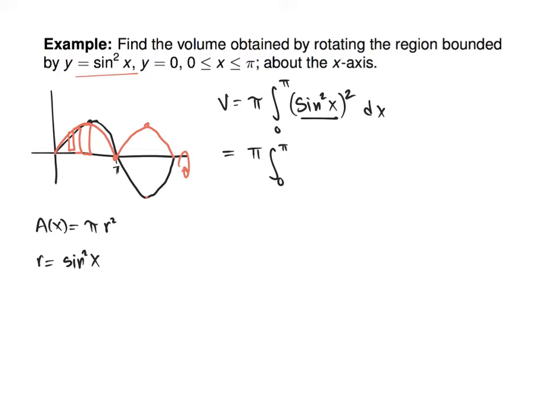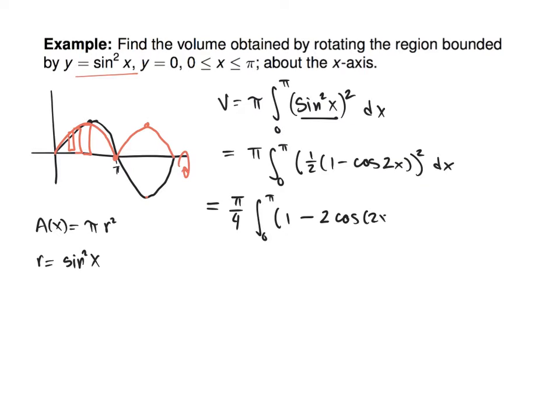This sine squared becomes 1/2 (1 minus cosine of 2x), the whole thing squared. Then square everything, as in expand. So that 1/2 becomes 1/4. Let's make it pi over 4, integral 0 to pi, of 1 minus 2 cosine of 2x plus cosine squared of 2x.